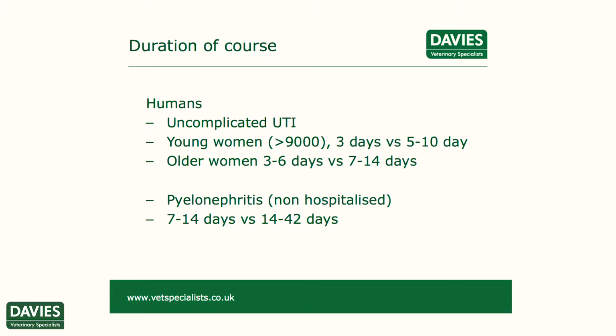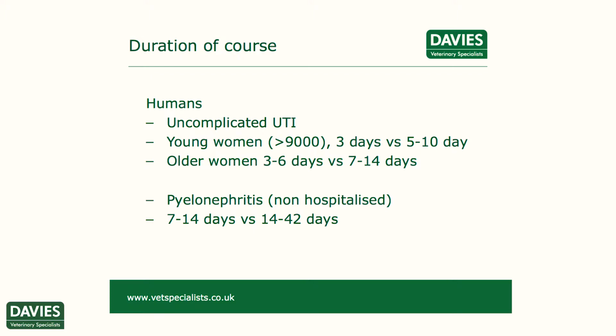But in an uncomplicated urinary tract infection, the Cochrane Review showed that there was no difference in using 3 days worth of antibiotics versus a 5 to 10 day course, which is quite a significant difference in duration of therapy. Again, looking at pyelonephritis, in non-hospitalised patients, there was no difference between a 7 to 14 day course versus a 14 to 42 day course.